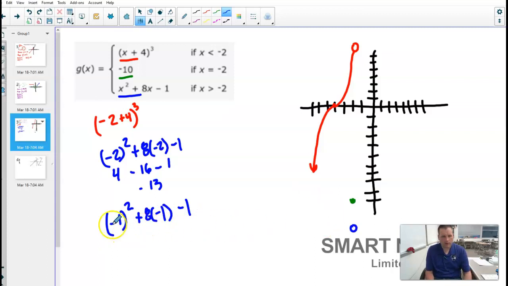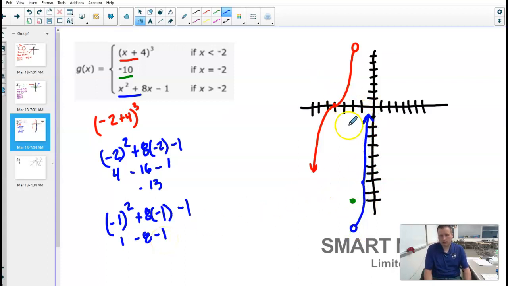We're just plotting points is all we're doing. So 1 minus 8 minus 1. So we get -8. So at -1, we're at -8, right there. And then if I plug in 0, I'm at -1. So this line is just climbing up here is what it's doing, and it's going to keep going forever.